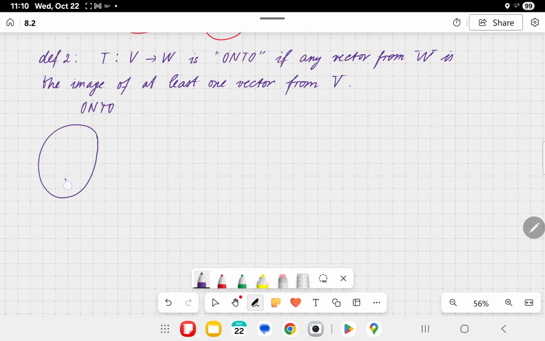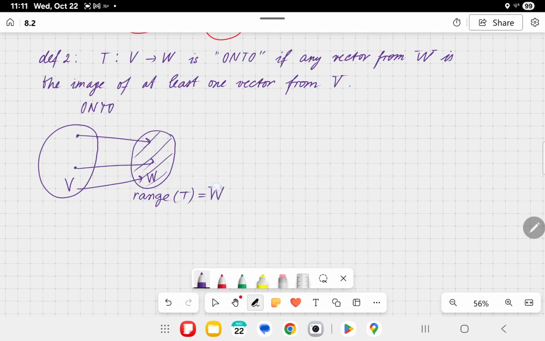It's space V, that's space W. The vectors from V go to vectors from W, and actually they take the whole space. So the range of transformation equals the whole space W. That's onto.